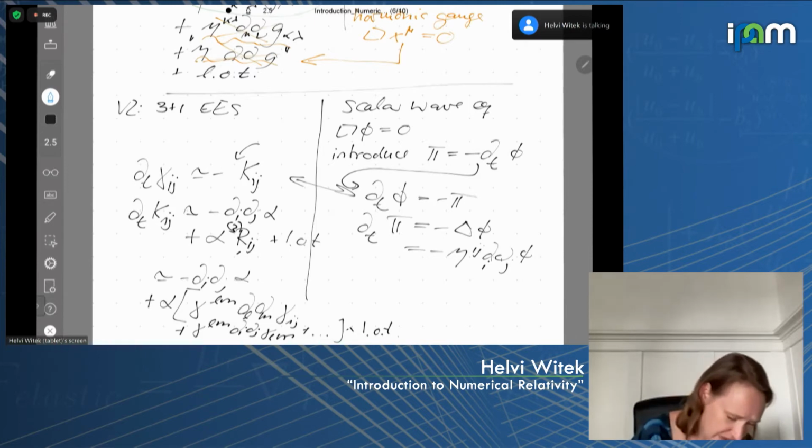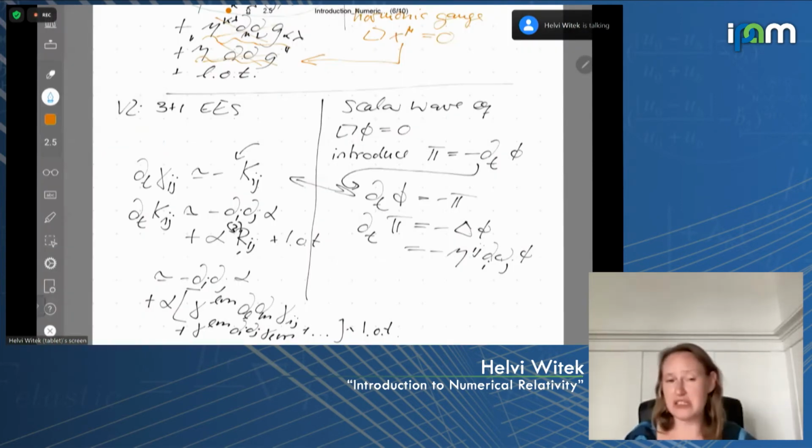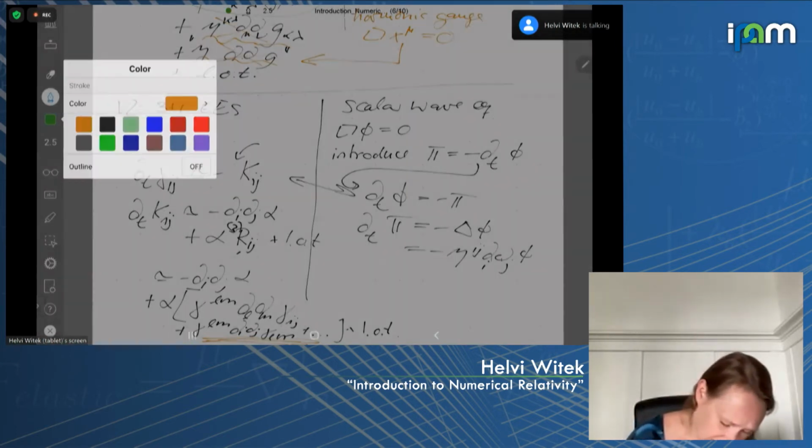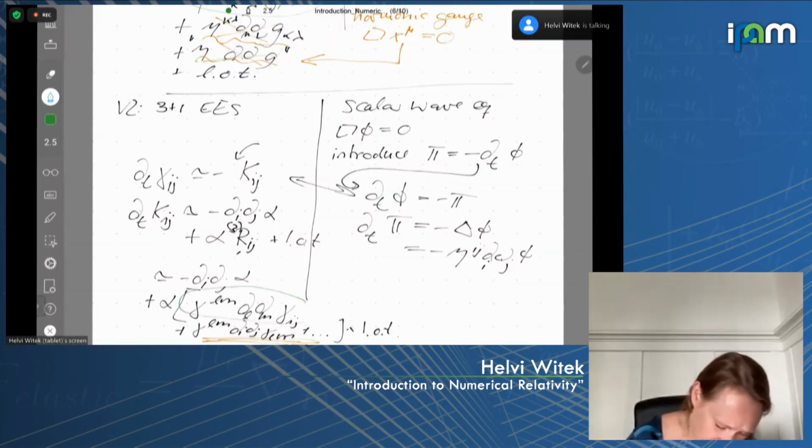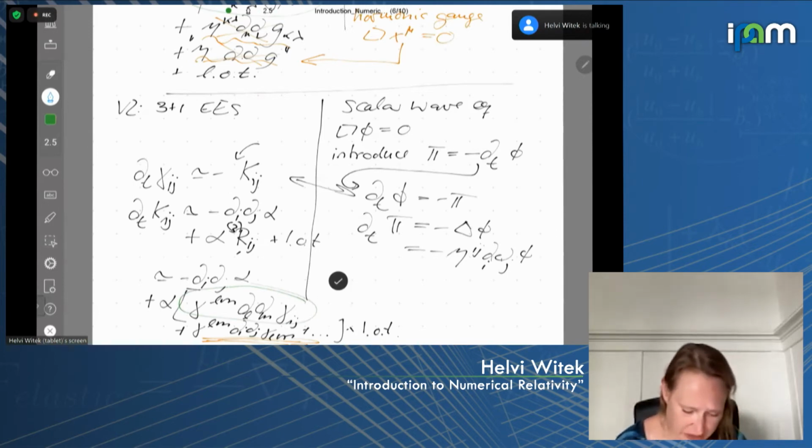So if you ever wondered where this ill-posedness of the ADM equations came from, it's precisely these terms down here that are not like a Laplacian operator. The first term in my expansion, let me highlight this in green and circle it in, is the type of terms that we want. This is exactly what we have here for the wave equations.